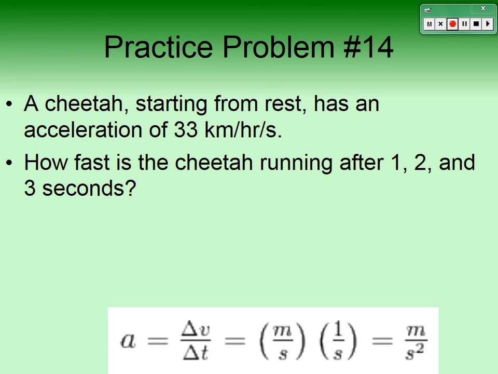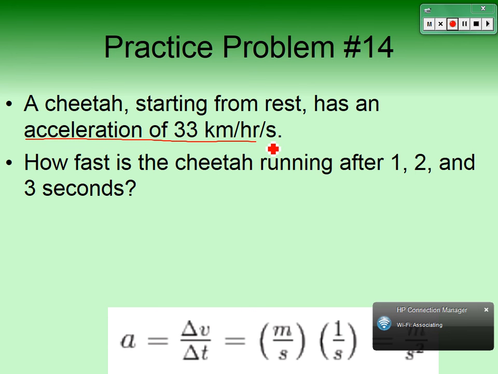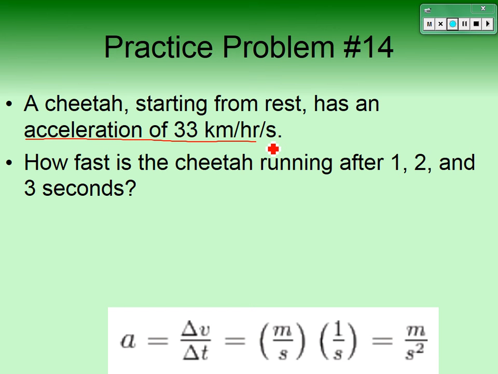Here's a good way of thinking about acceleration. If this cheetah is accelerating at 33 kilometers per hour per second, it means that each second it's increasing its speed by 33 kilometers per hour. So after 1 second, it's going 33 kilometers per hour. After 2 seconds, it's going to increase it by that much again, so it's going to be 66 kilometers per hour.